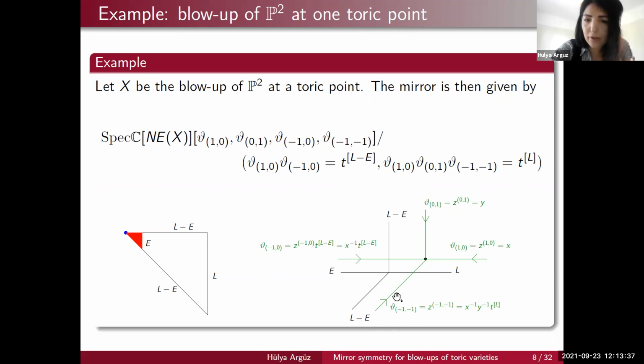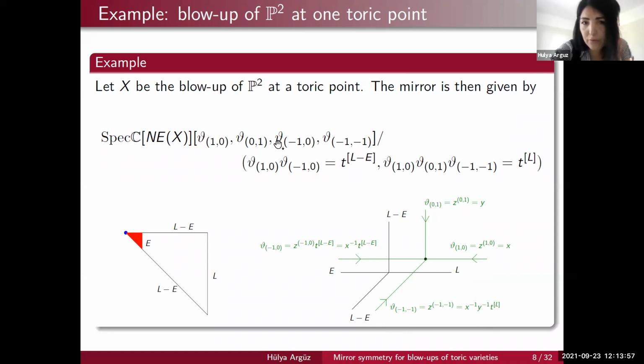And if I come from the (0,-1) direction, the θ function starts its life with y inverse, but it does cross the codimension one cell which carries the kink L of the PL function. So it turns to this θ function.